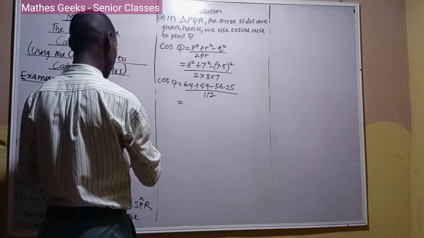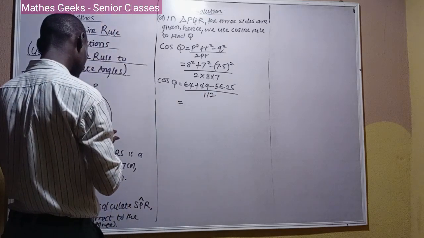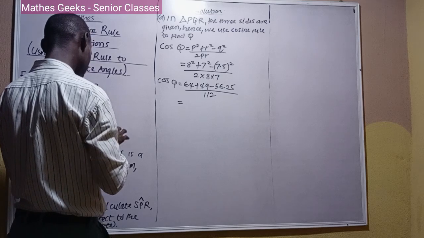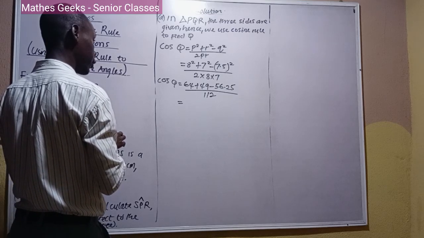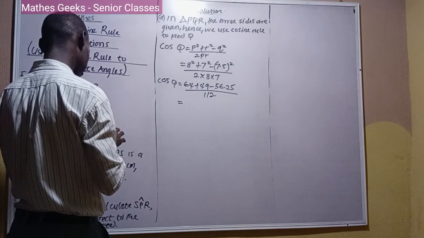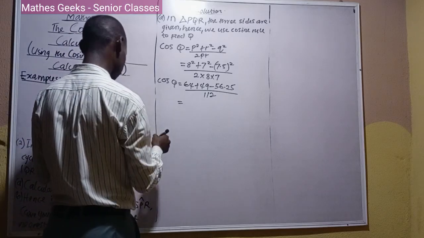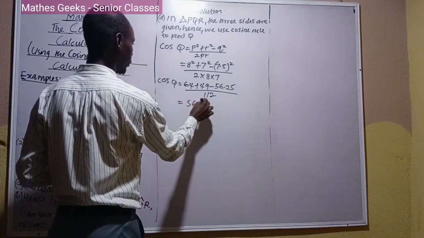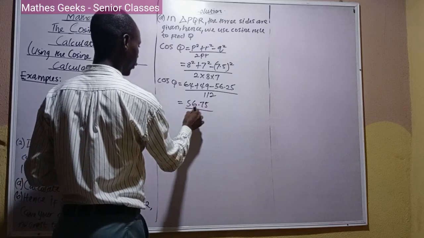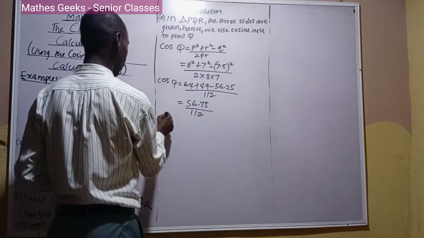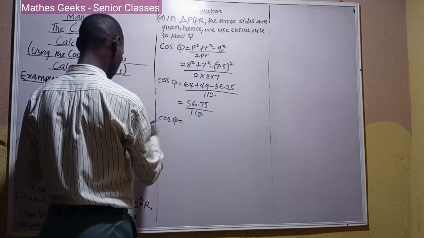Okay, 64 plus 49 minus 56.25, 56.75, over 112.